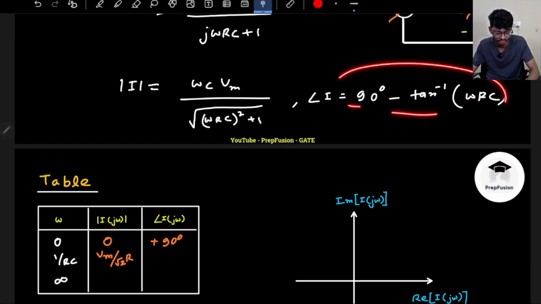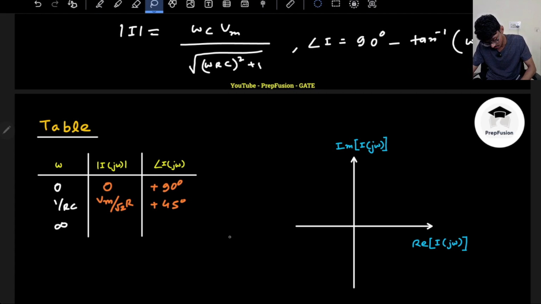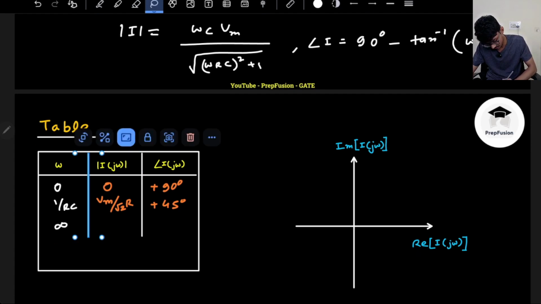So 90 minus 45, this will provide 45 degrees of phase. So plus 45 degrees of phase.